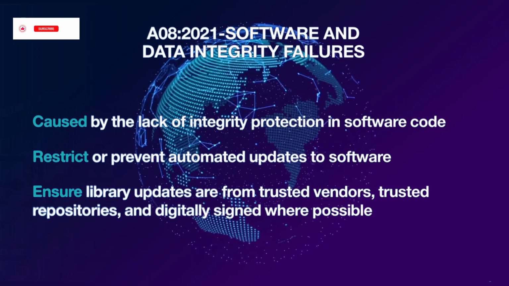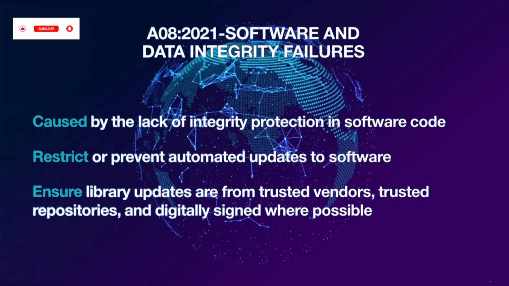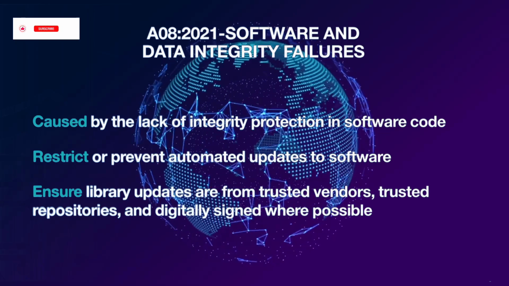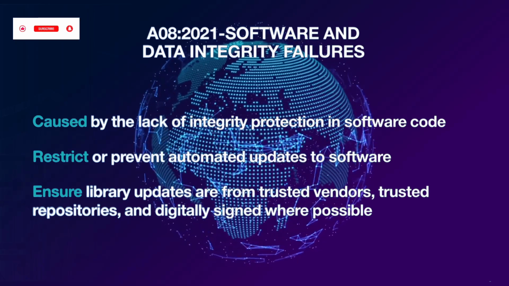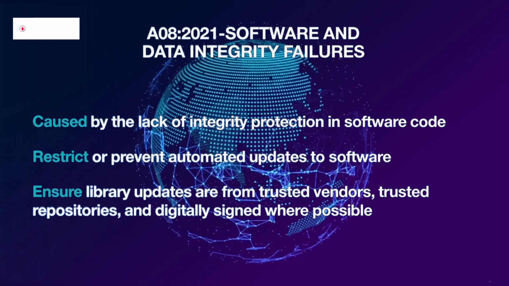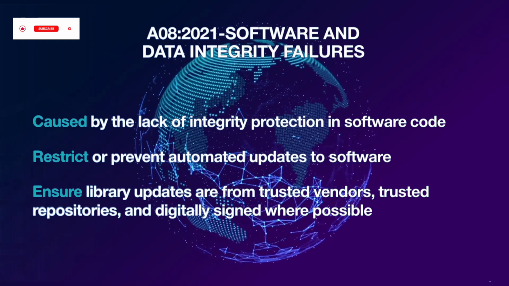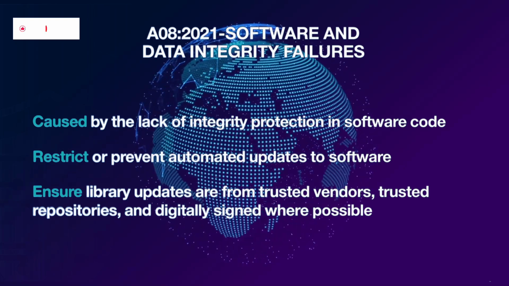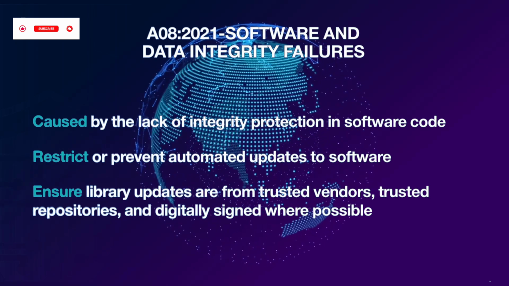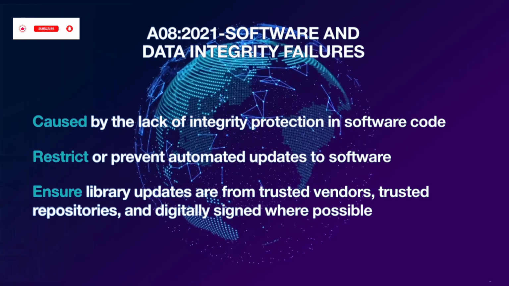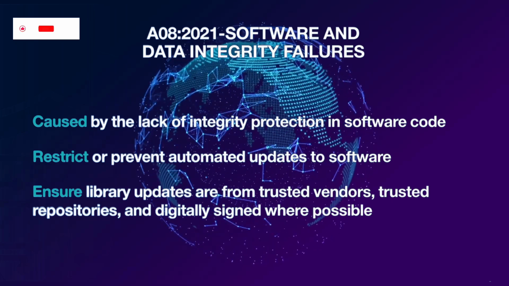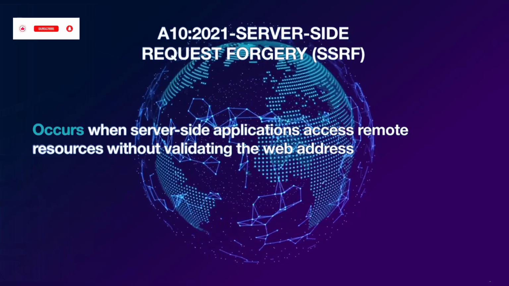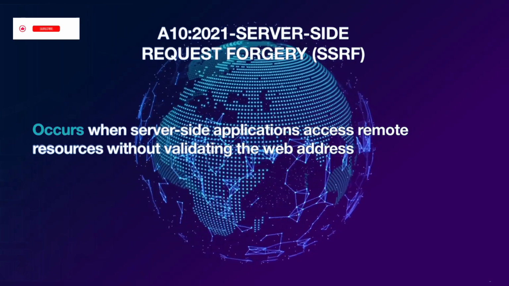Update services are probably the biggest risk here, because if you're doing automated updates, you are not checking integrity unless it is built into the system, and that's really what this risk is focused on. So this is pretty straightforward. We want to follow a good CM, configuration management, process, and we want to do manual updates where possible or implement proper checks when we are doing automated updates.